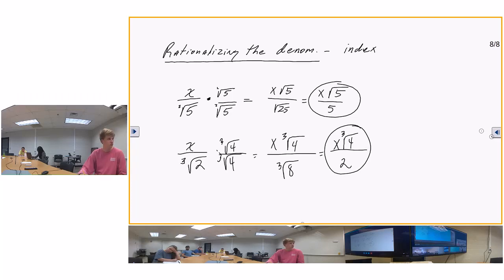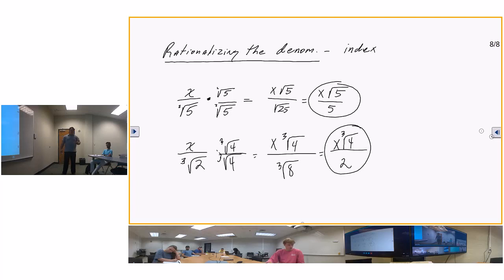Now, these are two very easy problems, and you're not going to see a lot of these on your limits, but you got to crawl before you can walk, and as far as reviewing, you got to remember that you think in terms of the radical, or the index.